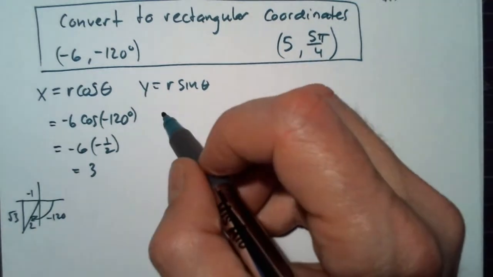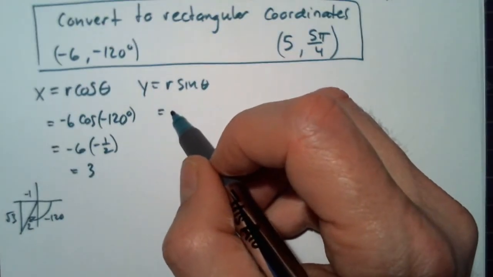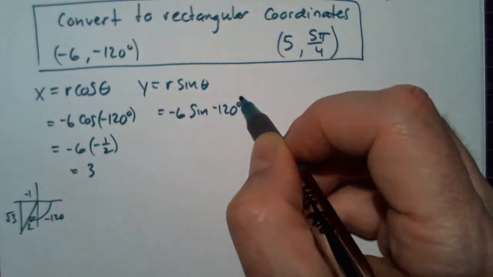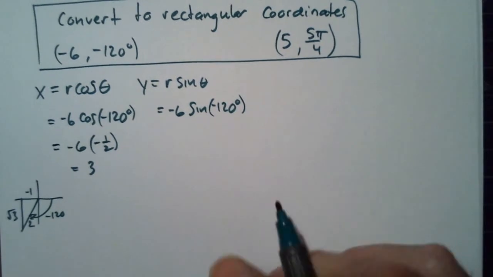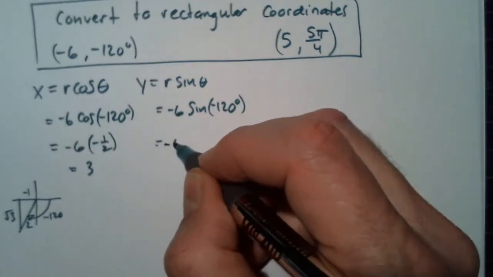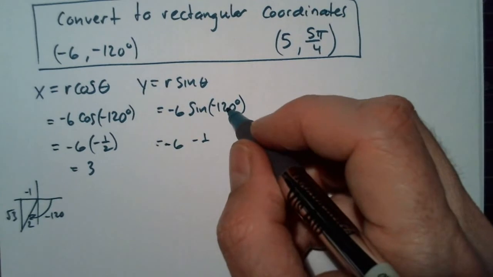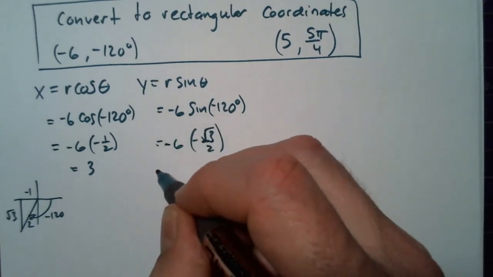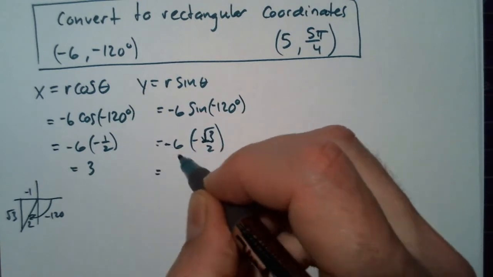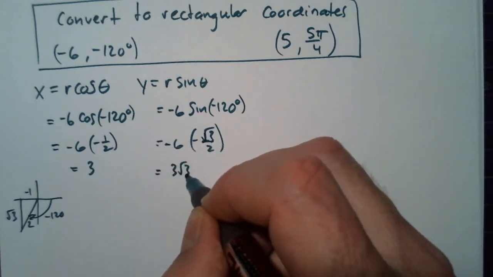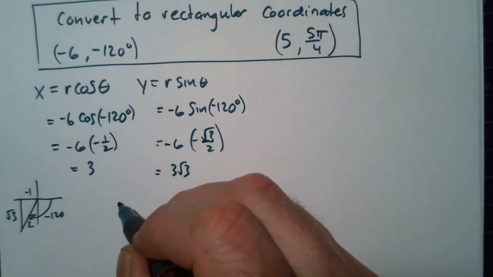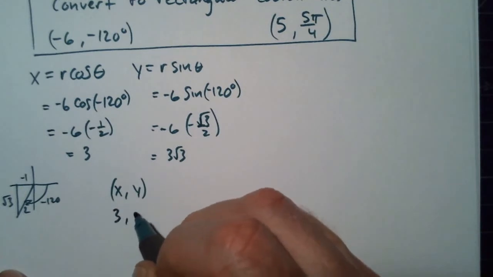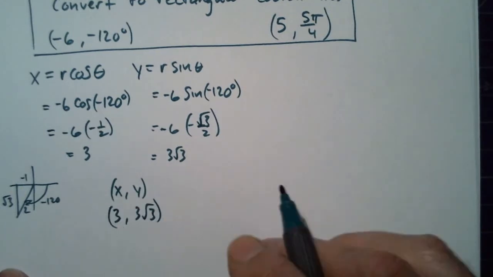So let's do the y value, r sine negative 120, and the sine is negative radical 3 over 2. We could reduce that, we get a positive 3 radical 3. So the x, y coordinates are going to be 3 and 3 radical 3.